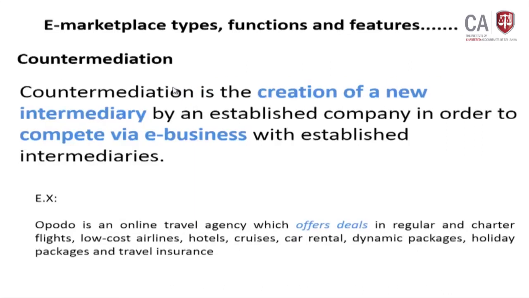Counter-intermediation. Counter-intermediation is the creation of a new intermediary by an established company in order to compete via e-business with established intermediaries. An example is Opodo, an online travel agency which offers deals on regular and charter flights, low cost airlines, hotels, cruises and car rentals. So when you are booking your air ticket, it will also deal with hotels, car rental places and many holiday packages.